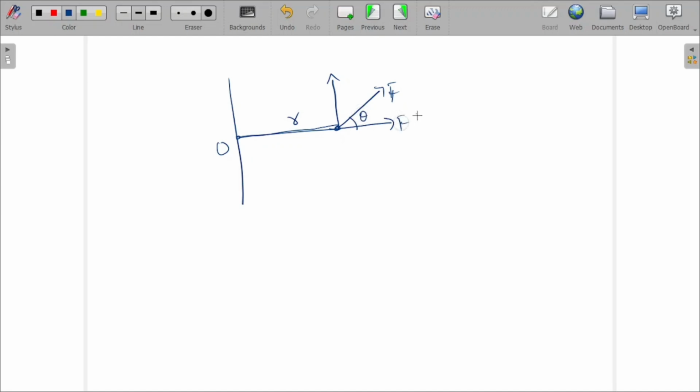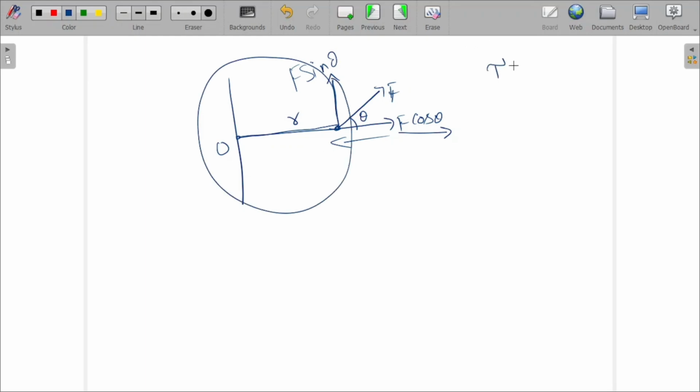So this will be F cos theta. If you are applying a force in this direction, is it going to rotate? No. So there will be no torque when the force is acting along the direction, or in the opposite direction. But when you are applying it in this direction, that means F sine theta is acting. This F sine theta makes the object rotate.